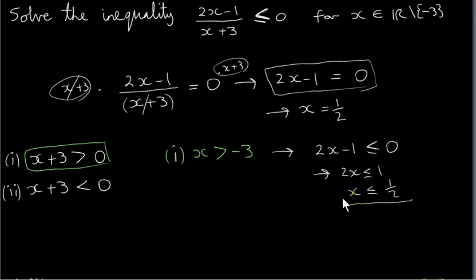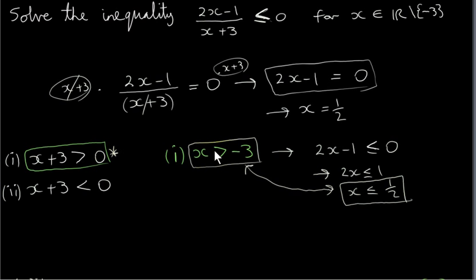So this is a solution when we multiply both sides by a positive x plus 3. But if x plus 3 is positive, it means that x must also be greater than minus 3. So we have to combine these two inequalities together. This solution that we got here is constrained by this.